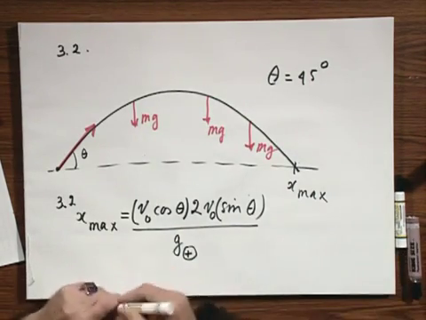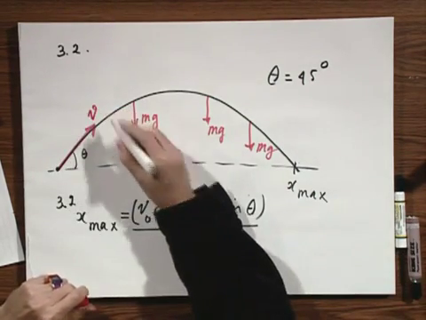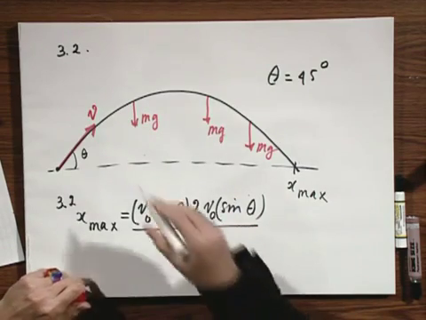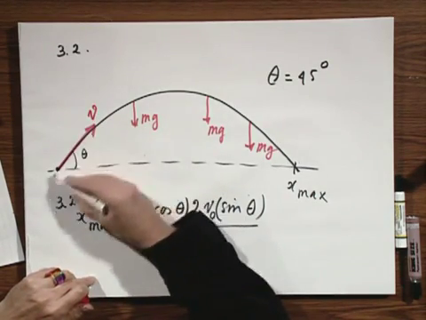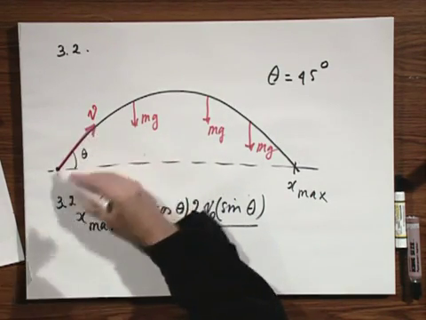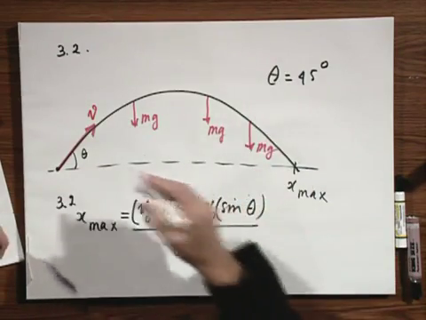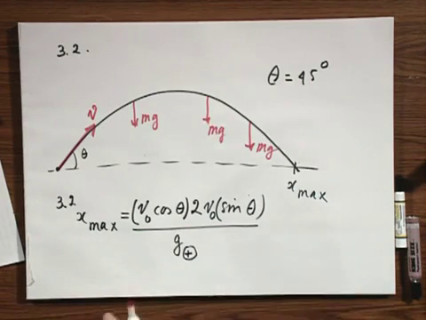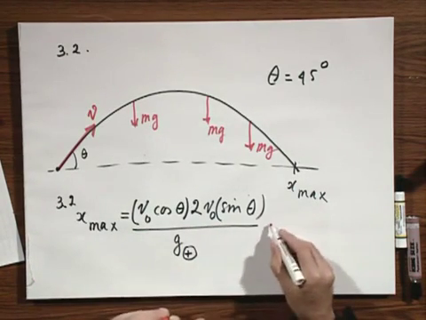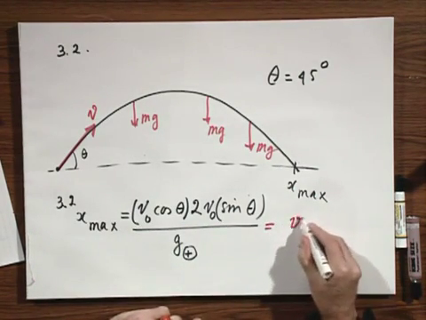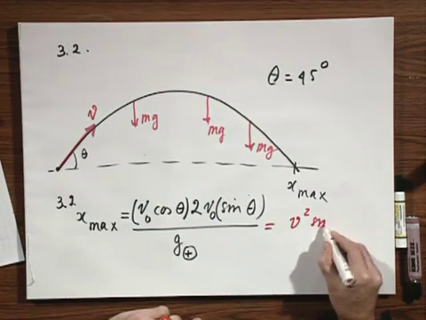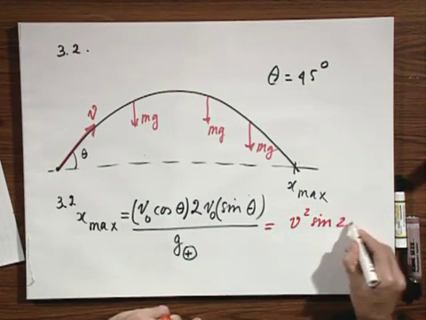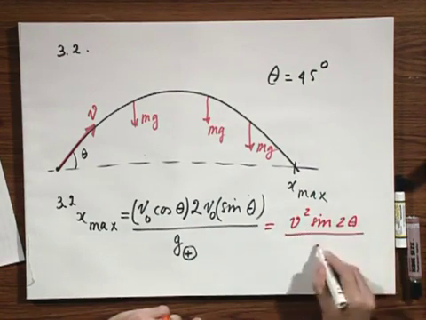For the same reason I will not write down v0 here, but I will simply write this velocity v, because that is the velocity with which the object was released when I cut the string in my vertical motion. So I will simply write v squared times the sine of 2 theta divided by g.